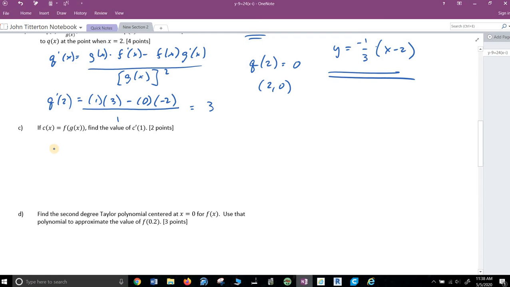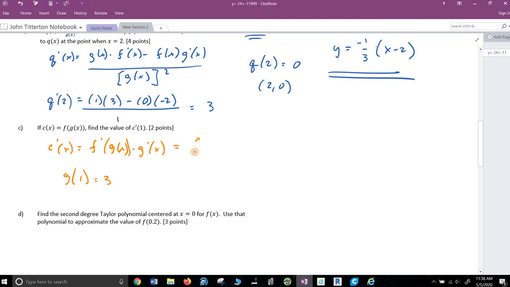So c prime of x, excuse me, OCD kicking in with the change of colors. C prime of x equals f prime of g of x times g prime of x. G of 1 is 3.